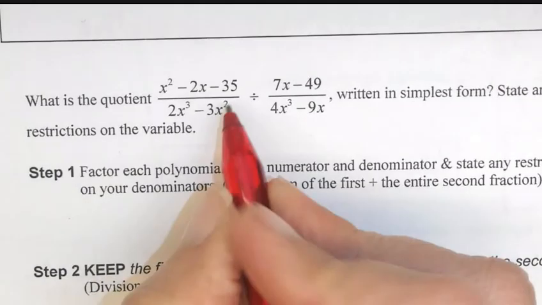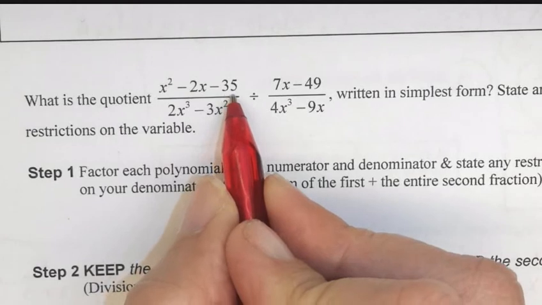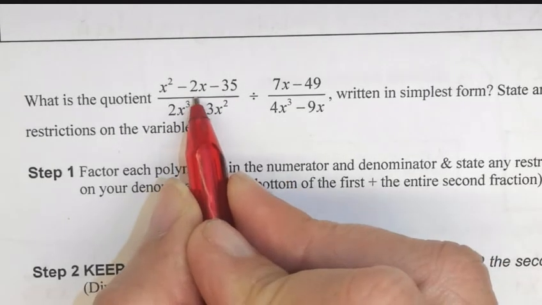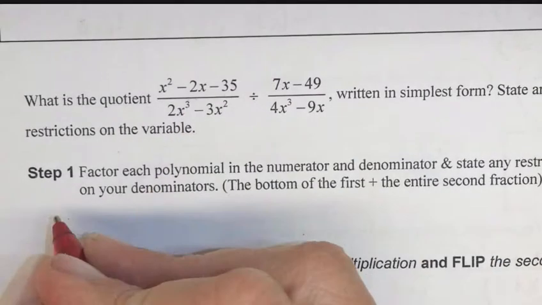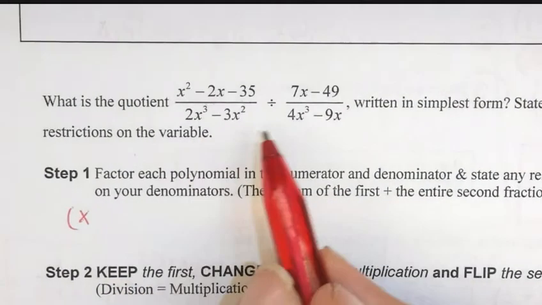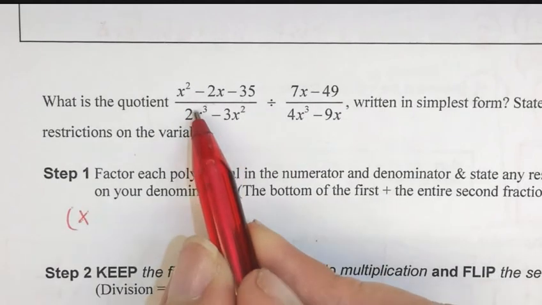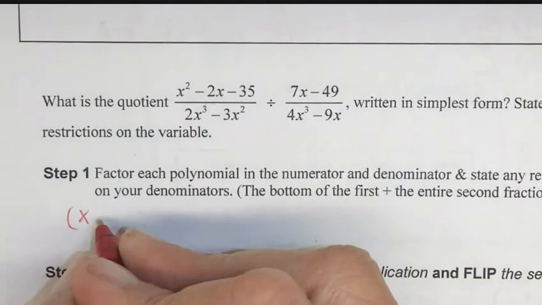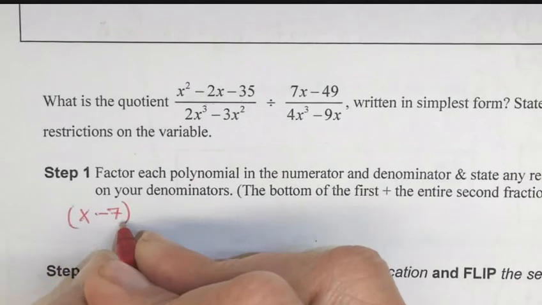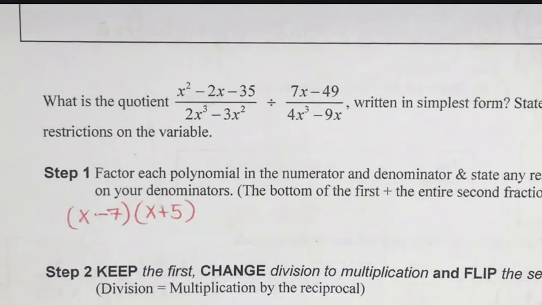X squared minus 2x minus 35. Factors of negative 35 that add to negative 2. What are we going to do? Factors of 35 that add to negative 2. 7, negative 5. Don't we need the 5 to be positive, though, right?